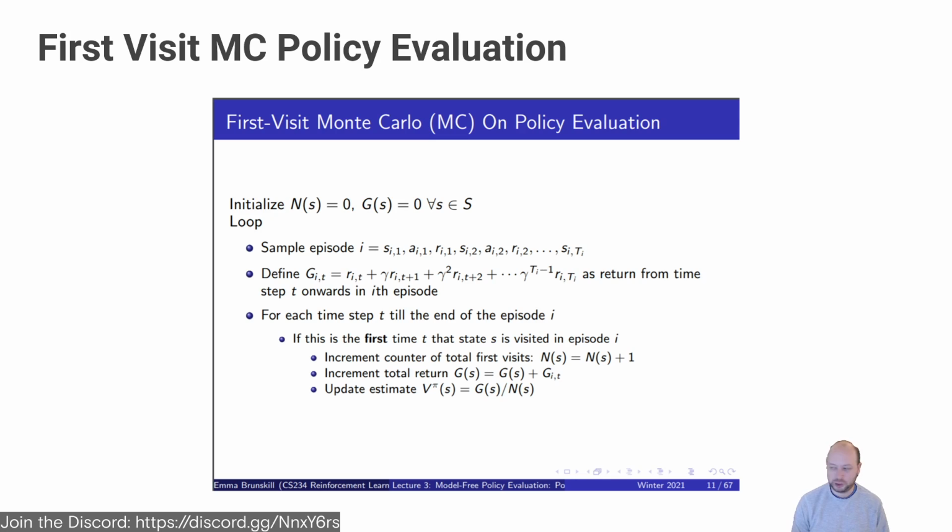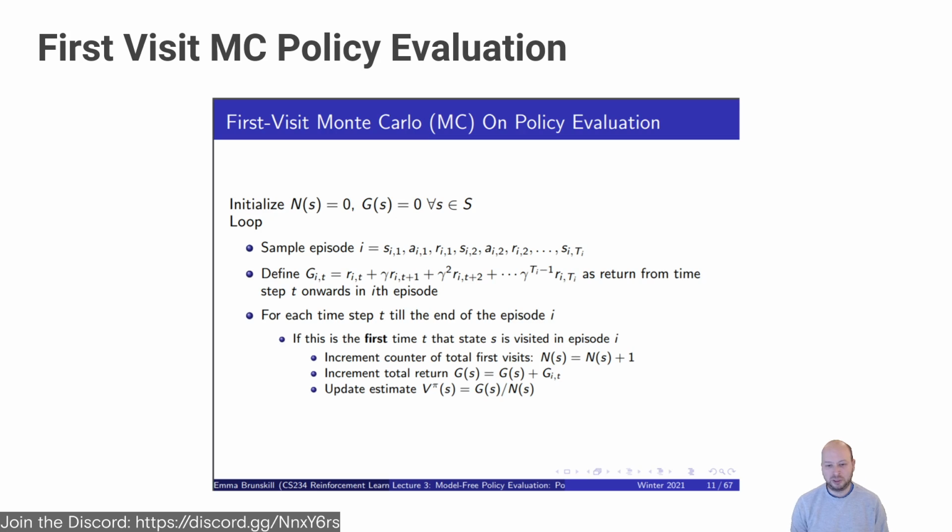We start off by initializing everything to 0 for all possible states. Keep in mind, we need to have some knowledge of the states in our MDP. So this is still the tabular form of reinforcement learning, where we know what our states are. But that's for a different time.